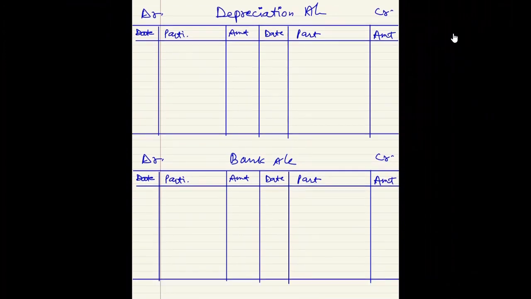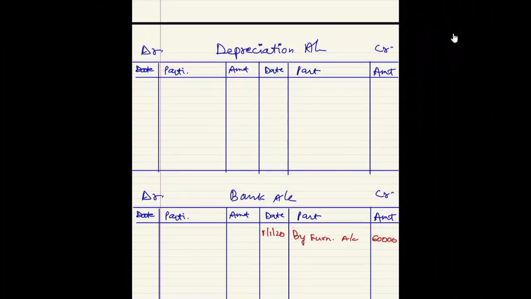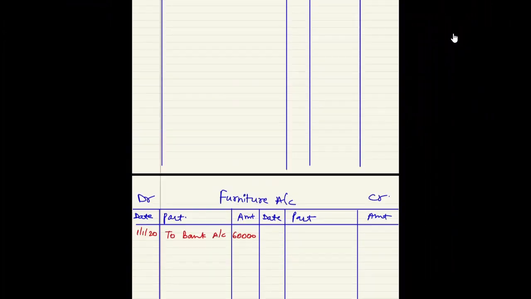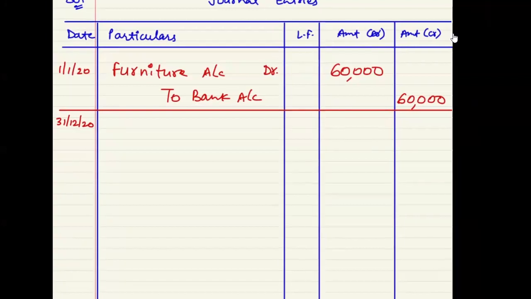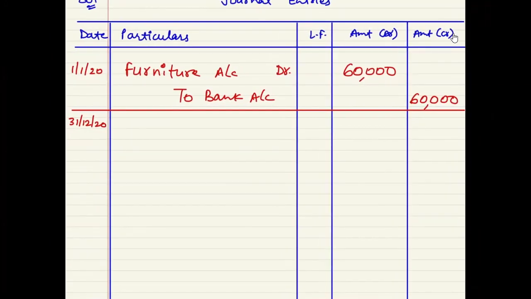Bank account was credited on 1st of January 2020 by furniture account, 60,000. Now the first journal entry has been passed and posted to the ledgers.